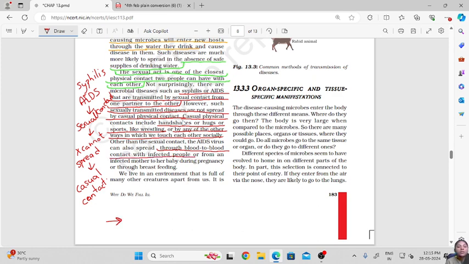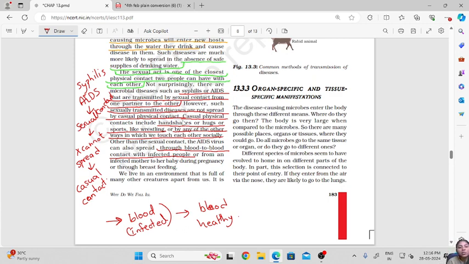If the blood of an infected person is mixed with the blood of a healthy person, what this means is that if infected blood is given to the healthy person, then the healthy person may get this disease.